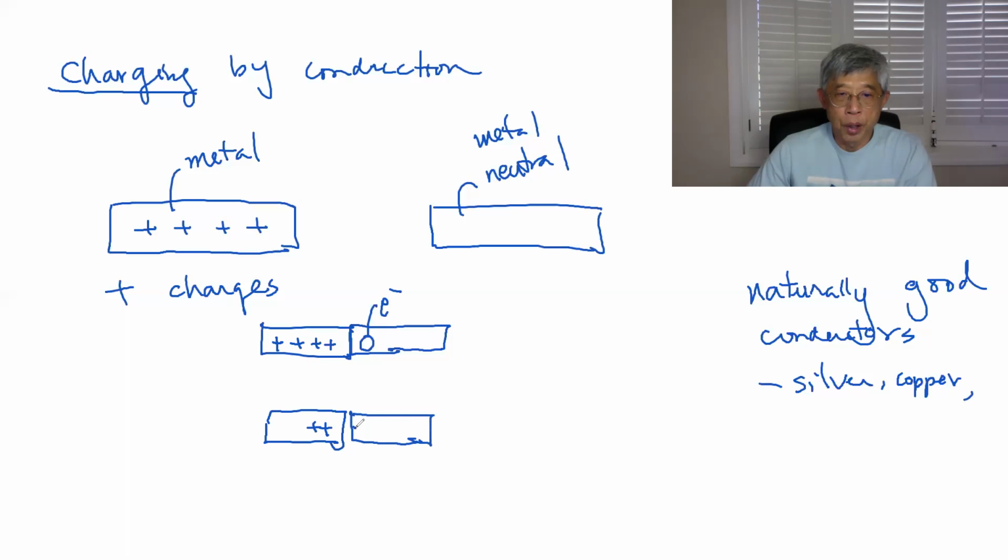And this side will also be two, because two of the free electrons moved over. Now you're losing negative, so this one also becomes positive. So now you have two each. Both are positively charged. But since they are positive, they will repel each other. Now if you separate them, they would be two positive charges each.